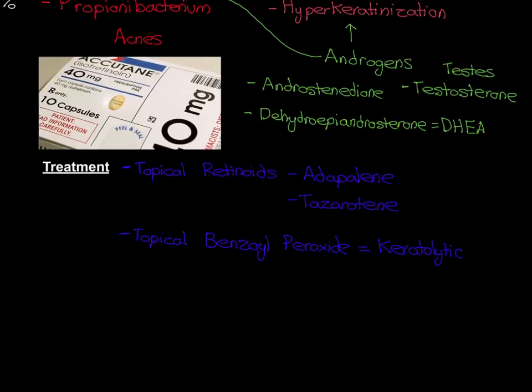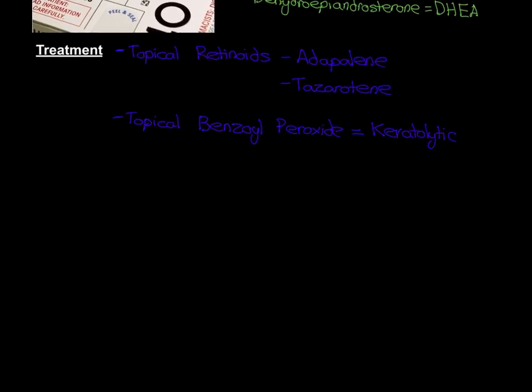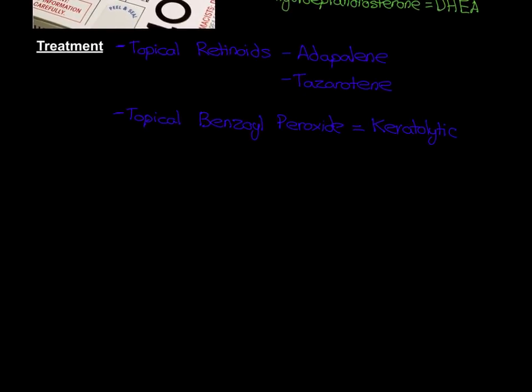Okay, so I hope that's clear. So topical retinoids, and then second line treatment is topical benzoyl peroxide. So we're now moving up the ladder and we're now getting to the higher levels. So the next level up is oral antibiotics. And there are two major antibiotics that are used in acne, and these are tetracycline and erythromycin.